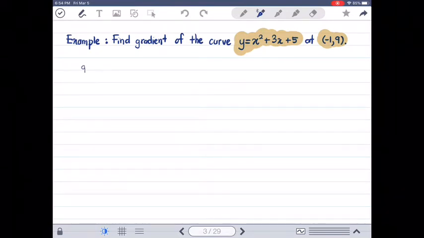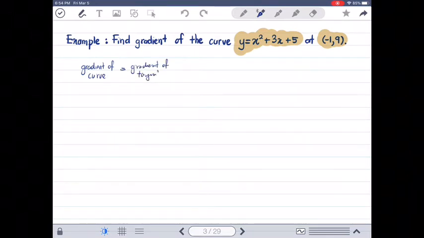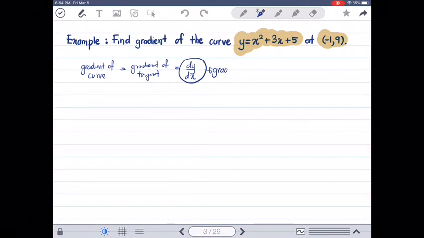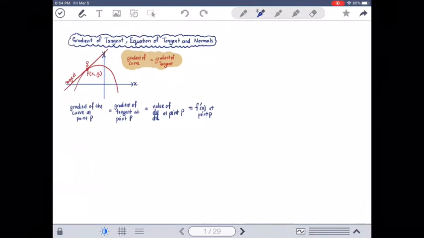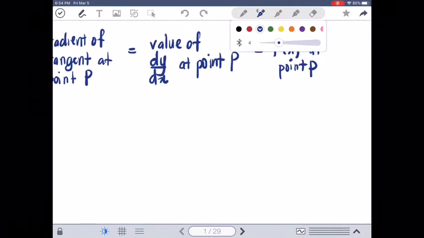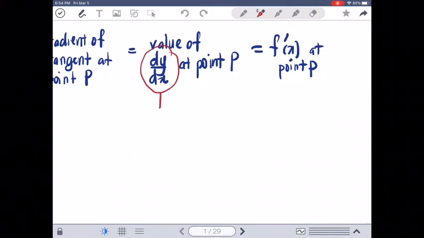We know that gradient of curve is just equals to gradient of tangent, which is just equals to dy over dx. So dy over dx is just the gradient function.